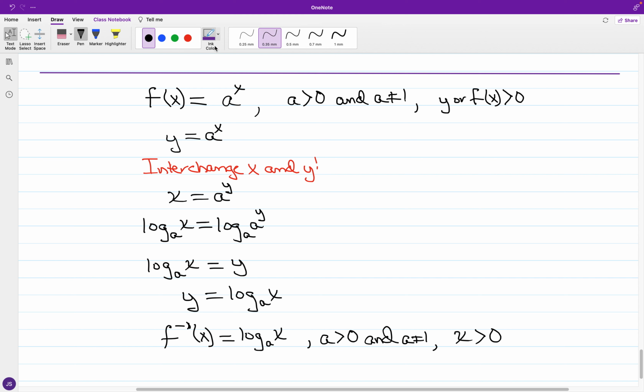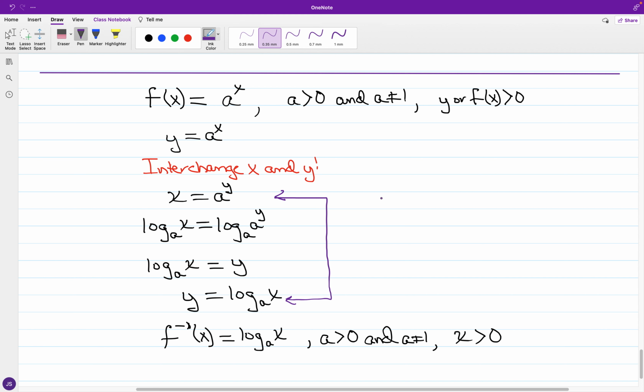Okay, and now for the key intermediate step, going in the interchange from y equals a to the x, x is equal to a to the y. And we have linking together this intermediate step with the implicit form of the inverse function.